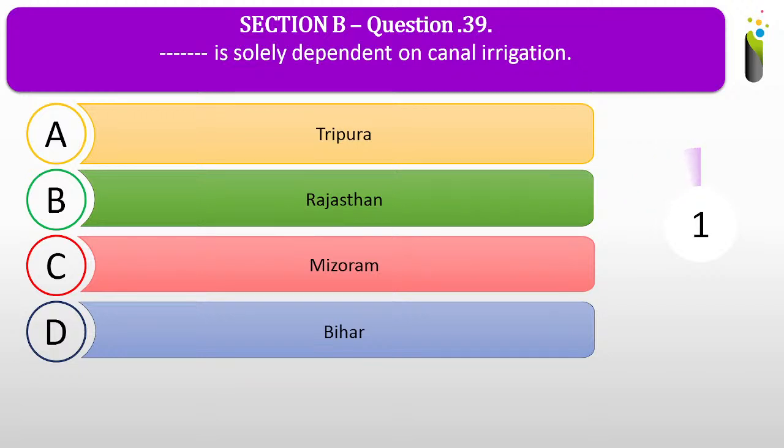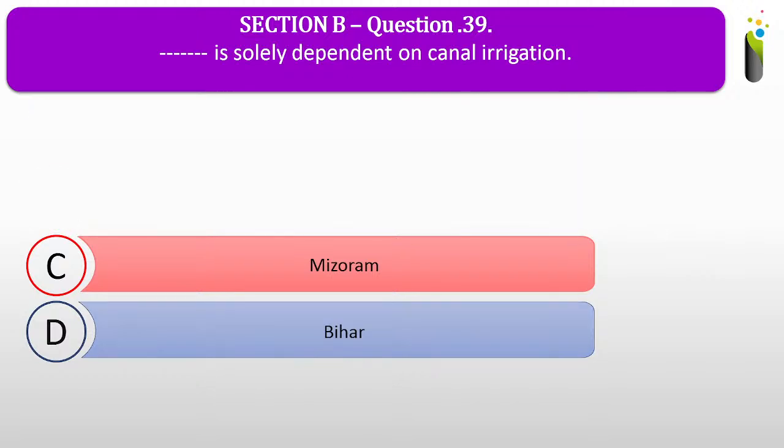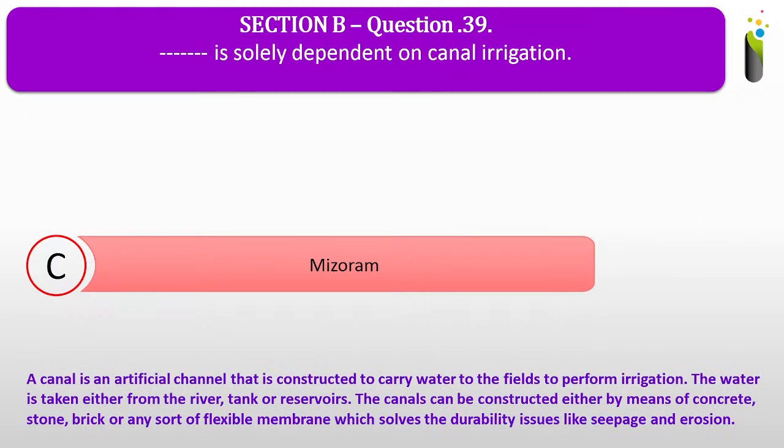And the correct answer for this question is C, Mizoram. Remember, a canal is an artificial channel that is constructed to carry water to the fields to perform irrigation. The water is taken either from the river, tank, or reservoirs.